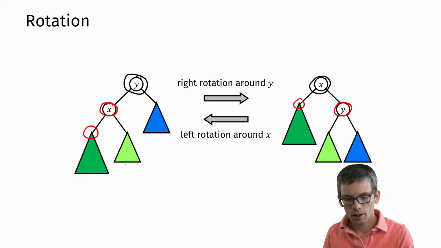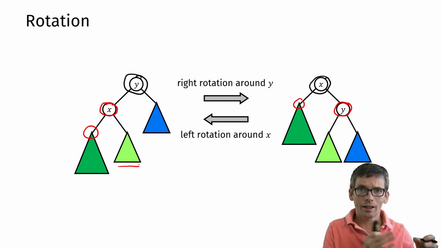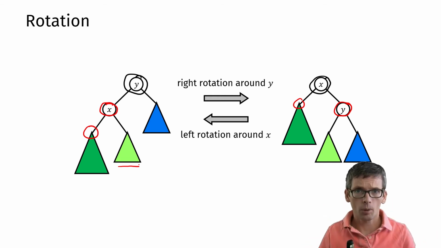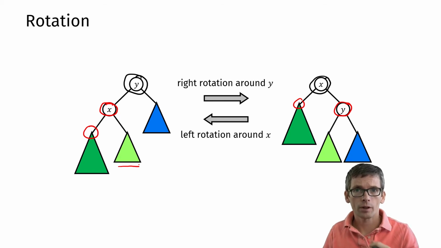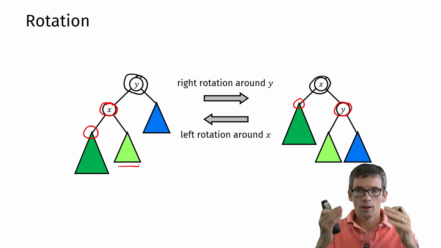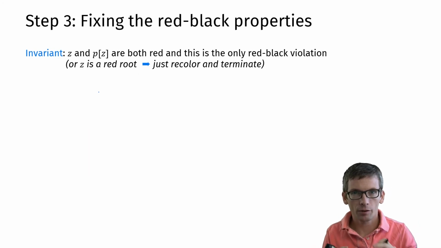So what did we see here? We moved this middle tree through the rotation to the other side, allowing us to recolor the top nodes, which allowed us to get rid of the violation of the red-black property by now having a black node and then 2 red nodes.